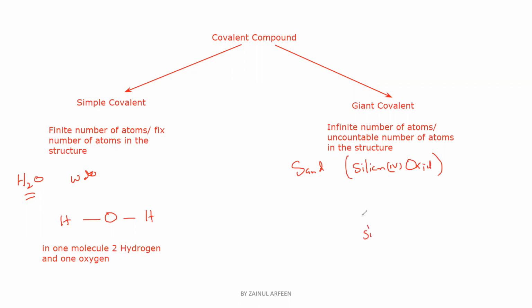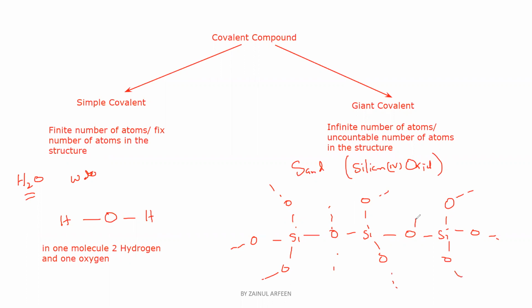It is a giant structure, like silicon attached with oxygen, then another silicon, then so many oxygen, then silicon, oxygen, and it continues. We have infinite, so many atoms, we cannot fix the number of atoms and it continues.